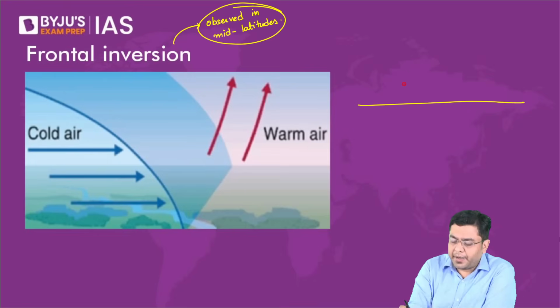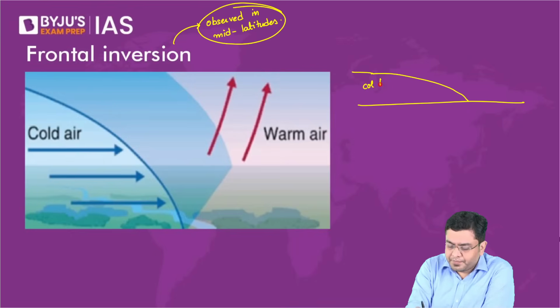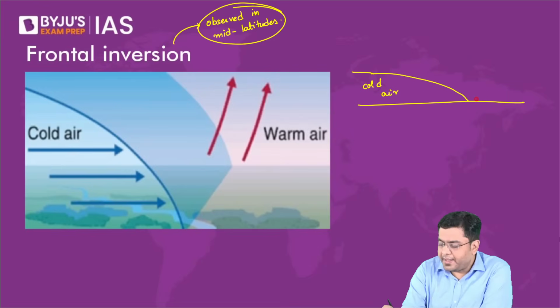That is the mid latitude. Now, from one side, you have the cold polar air, very cold air. And from the other side, you have, let's say, the presence of warm air.